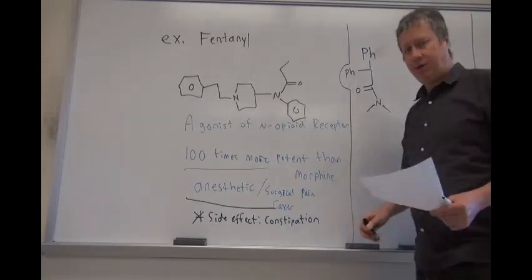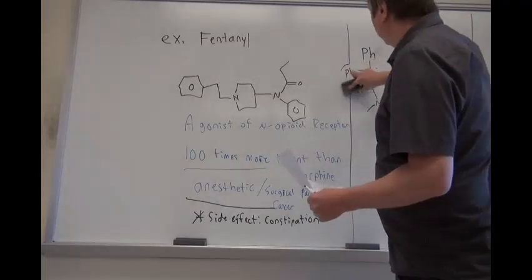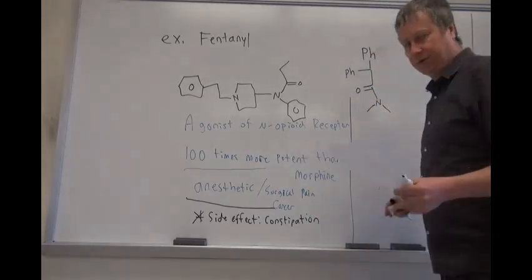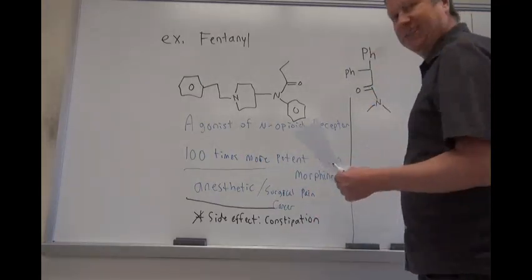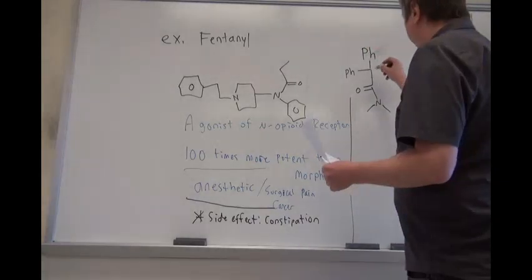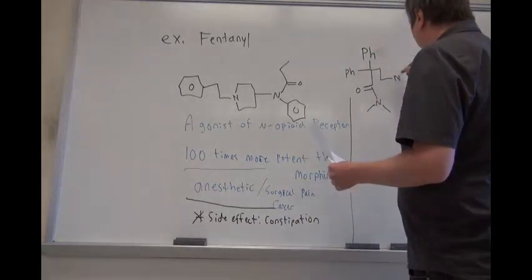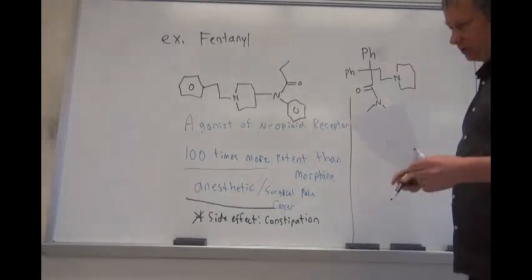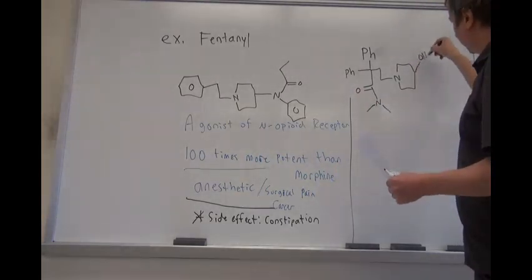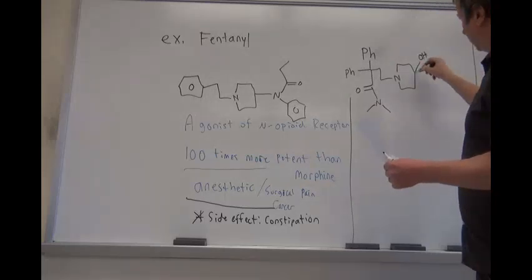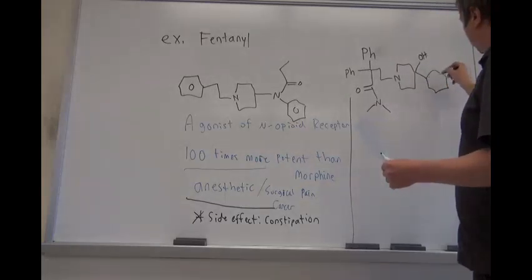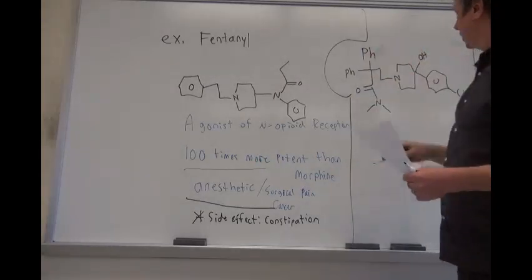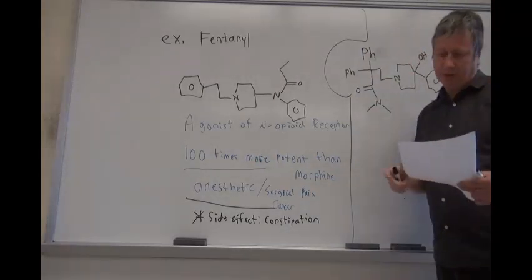The amide with two methyls, a dimethylamide. It's got the same 6-member ring with the nitrogen on it. It's got an alcohol right there. And it's got a benzene with a chlorine at the 4 position.